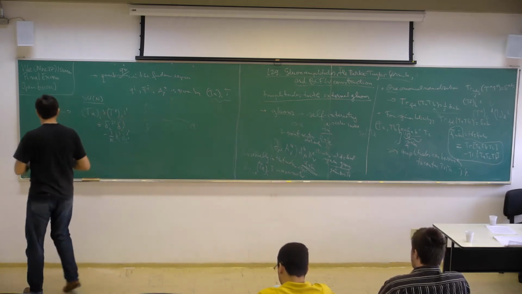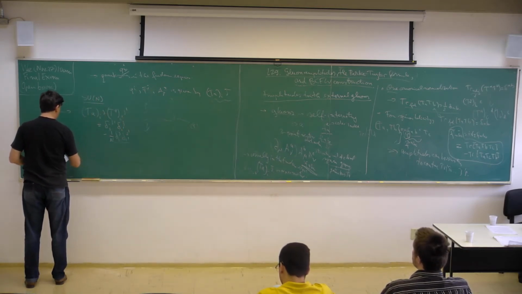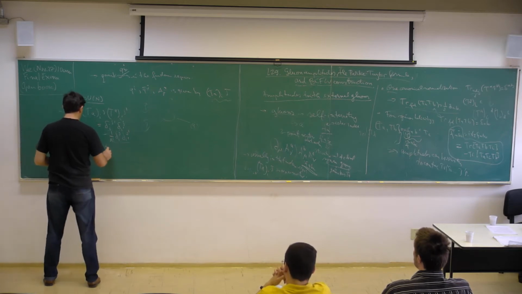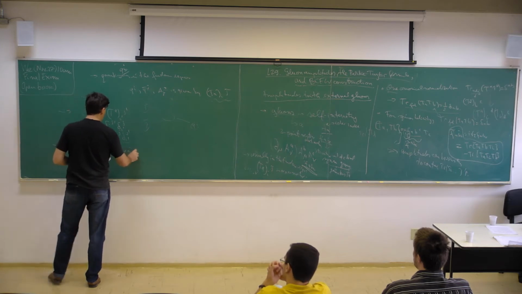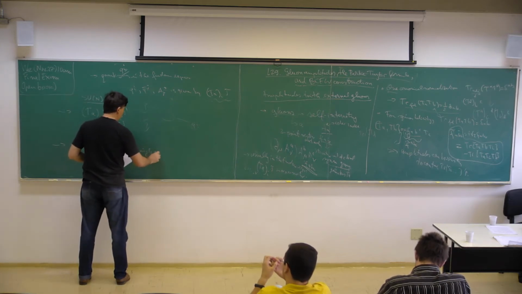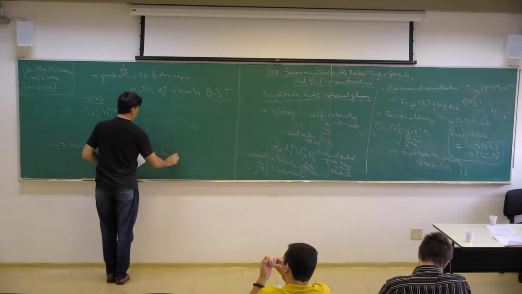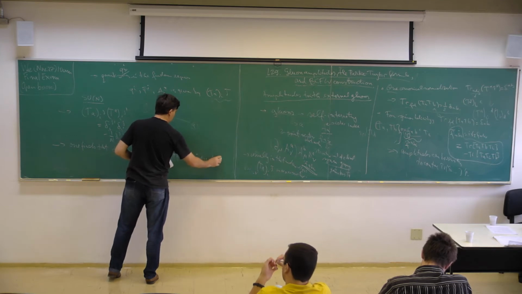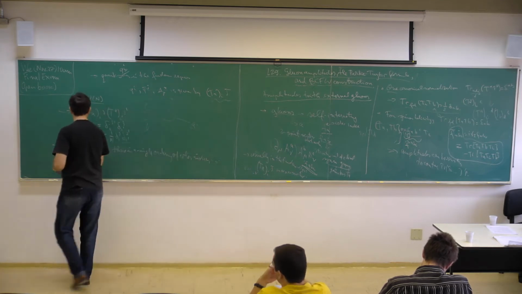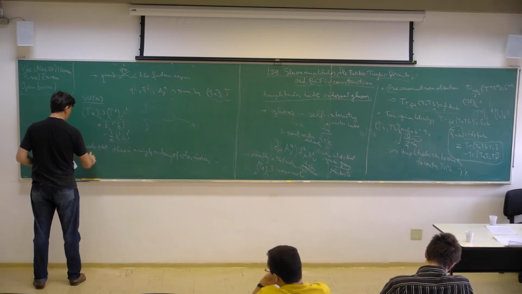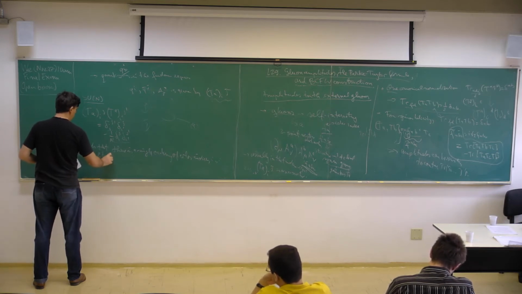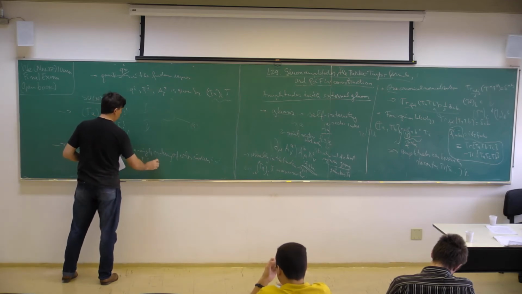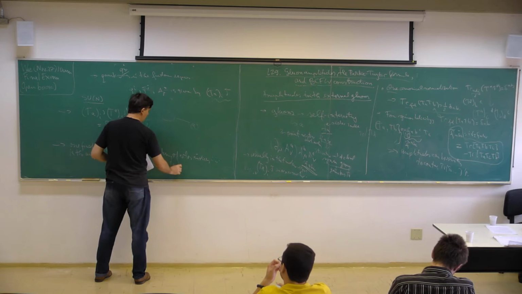One finds that there is a single ordering of color indices in the amplitude that contributes. This is called color ordered amplitude.